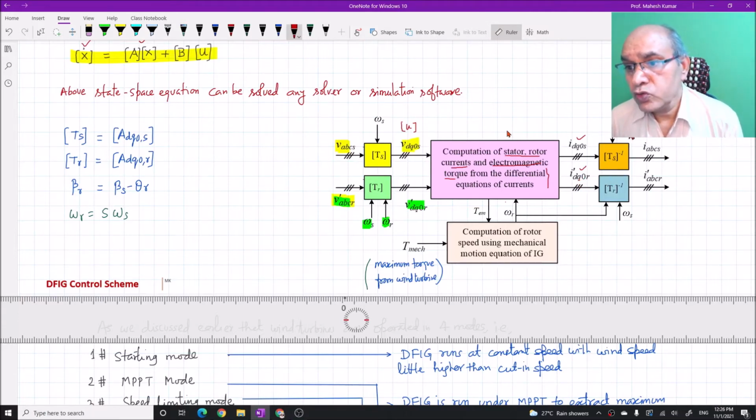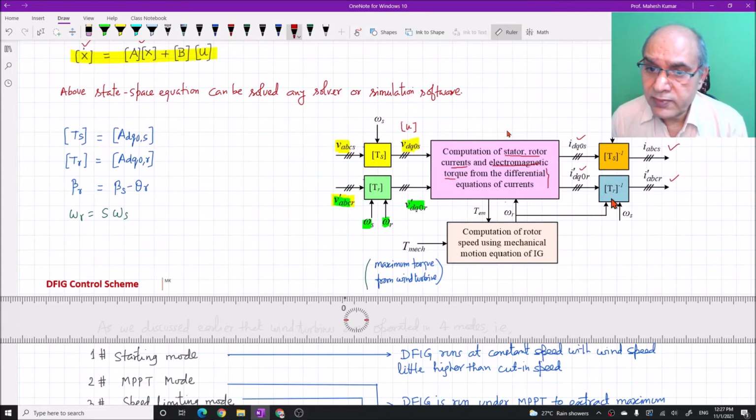Again we use omega s and omega r. This is omega r, not s here. And finally we transform the dq0 quantities into ABC quantities of the stator and the rotor here. So this is an open loop description of the DFIG model.